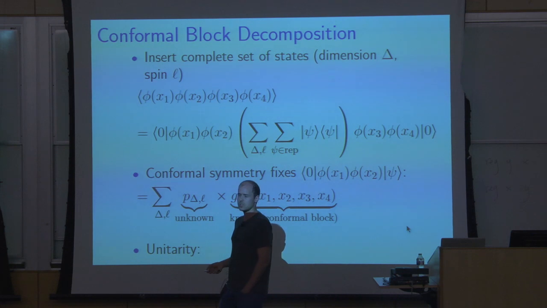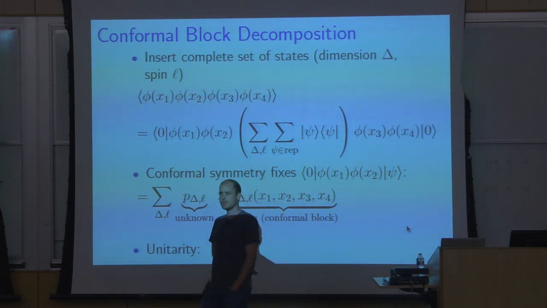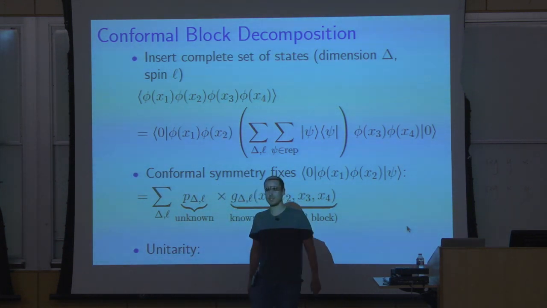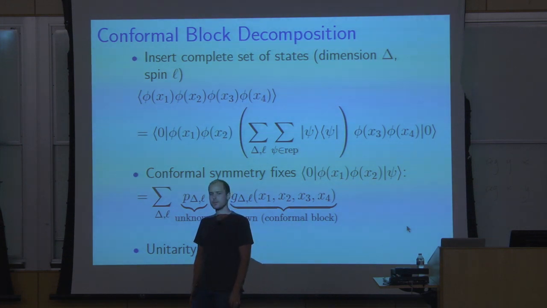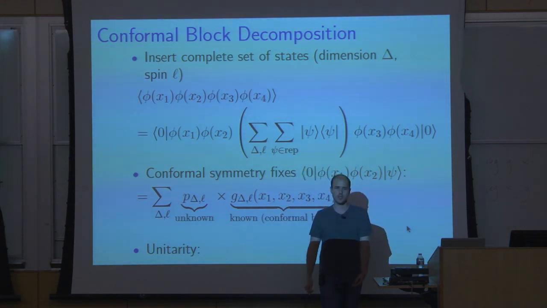It's a known function, just some special function called a conformal block. And that's the analog of the Feynman propagator. And then there's some unknowns that have to do with the coefficients in these overlaps. We don't know what the unknowns are, but we do know that they're positive. So that's called the conformal block decomposition. It just follows from principles of quantum mechanics and symmetry.